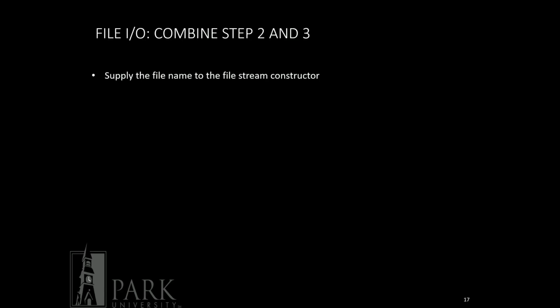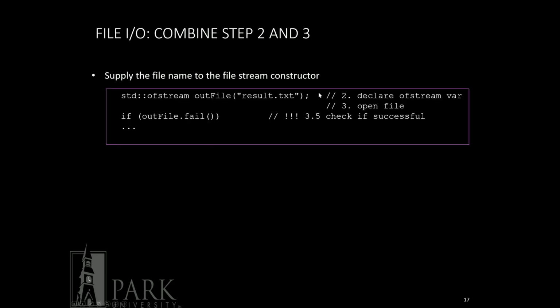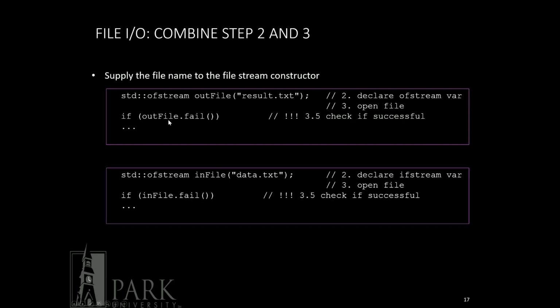Now, we looked at how to do each step individually, but in reality, most times you're going to be processing in and out of a file or multiple files. So really the logical conclusion here is that you combine the things that we've looked at already. In this case, we need to make sure that we are declaring an output file object, associated with whatever file we want, and that we check it to make sure that it's successful. And we do the same thing within the same program with our input file.